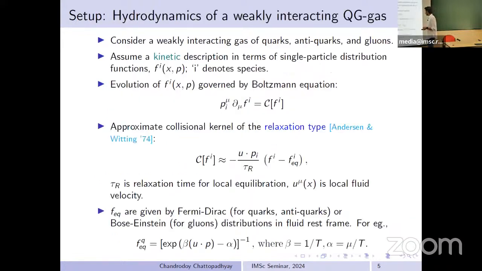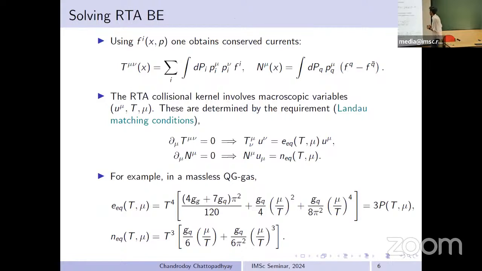Now, how to solve this RTA collisional kernel? This is a hybrid description because I have quantities like u^mu, which is the fluid velocity, and hidden in this equilibrium distribution function, quantities like inverse temperature or chemical potential, which are all macroscopic variables. So these somehow have to be fixed.